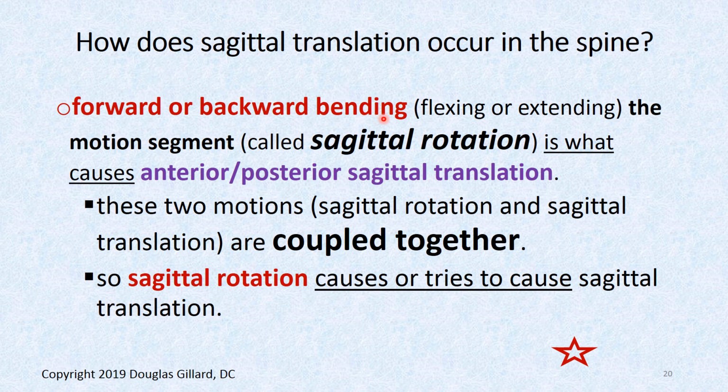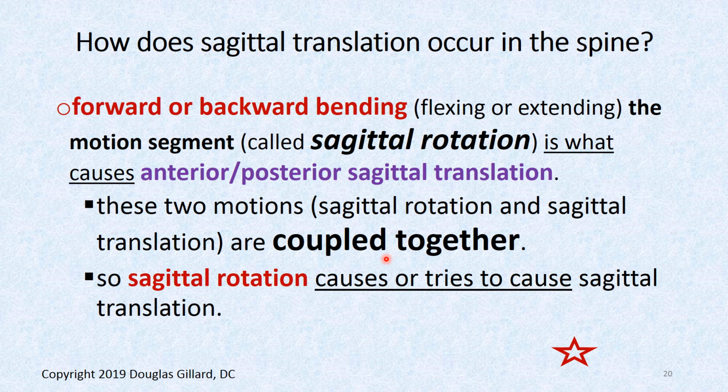So forward or backward bending in a motion segment is called sagittal rotation. And that's what causes the bone to try to move forward and try to move backwards. So these two motions, we should have more stars here. It's an important concept that these two are coupled together. Got it? We're observing sagittally from the side.